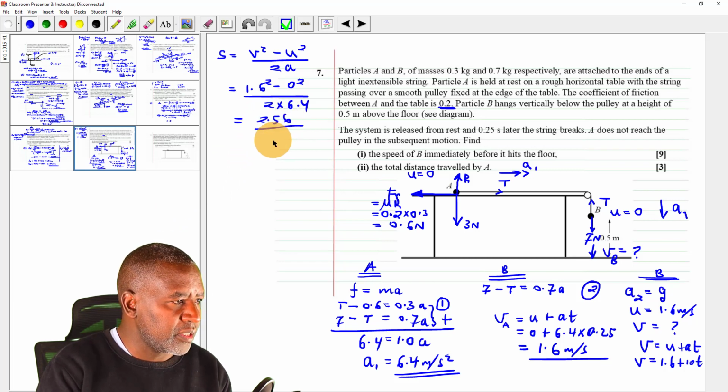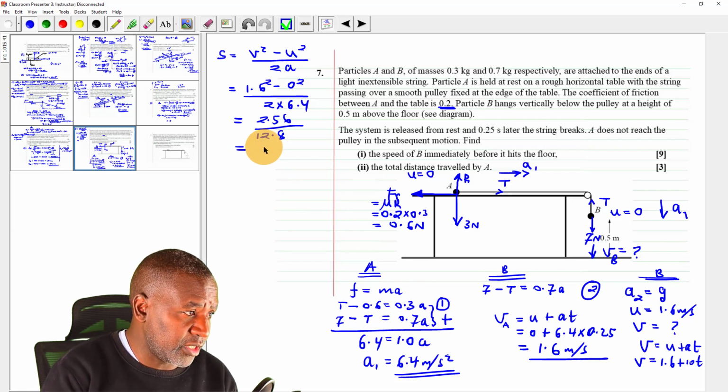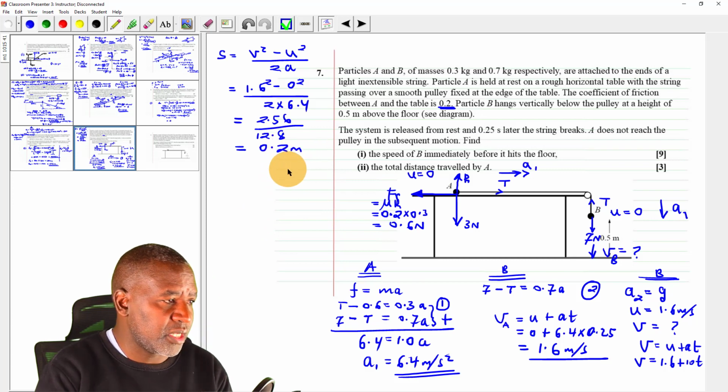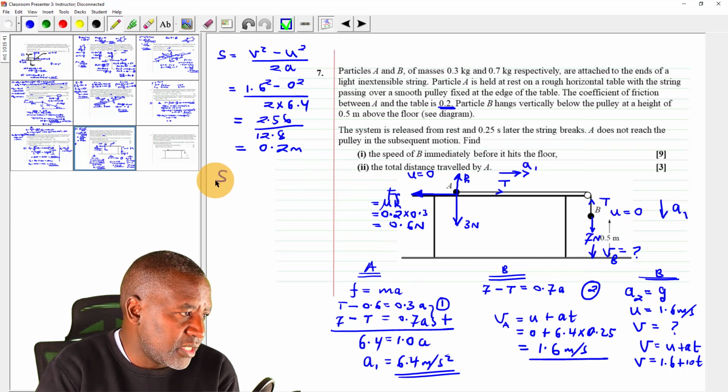That is 2.56 divided by 12.8. This will give me 0.2 meters. So out of 0.5, I have covered 0.2.